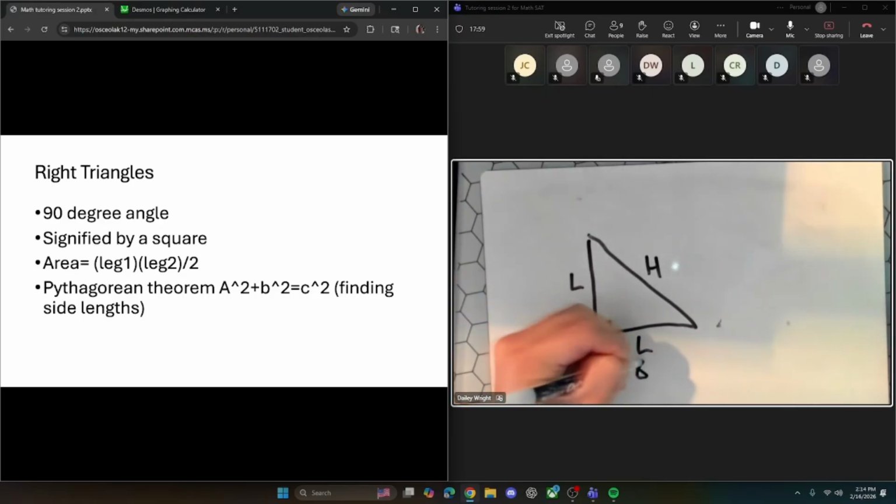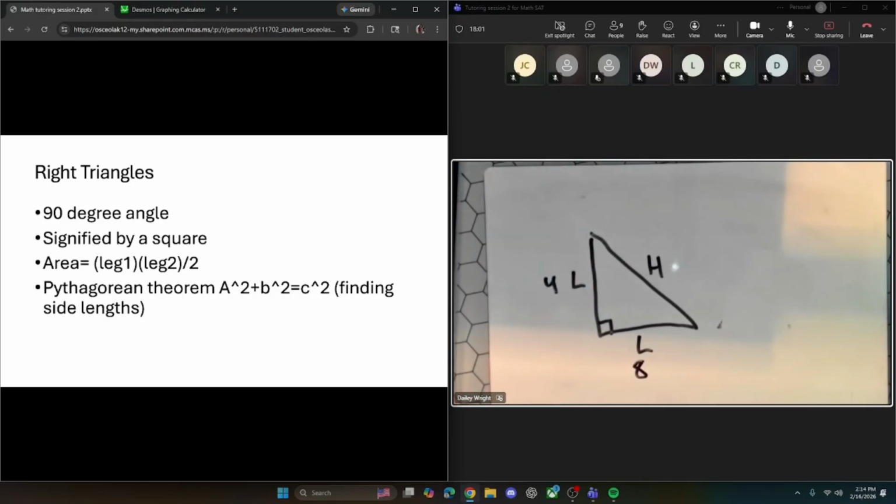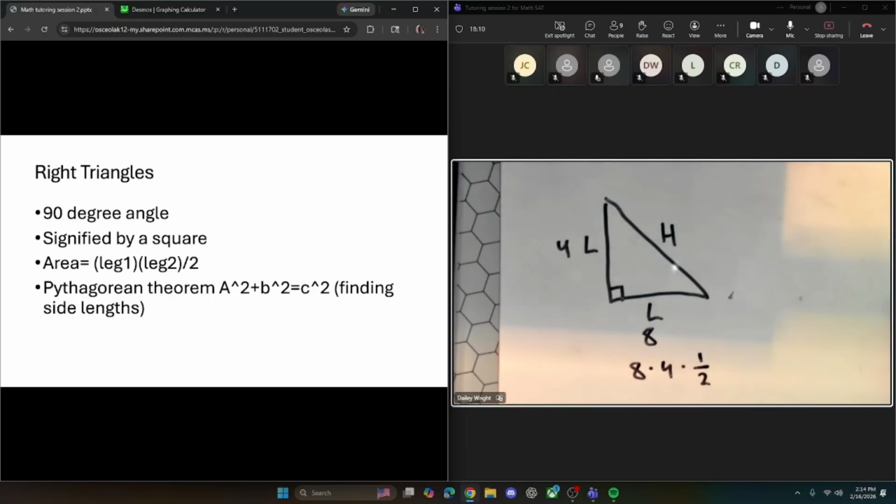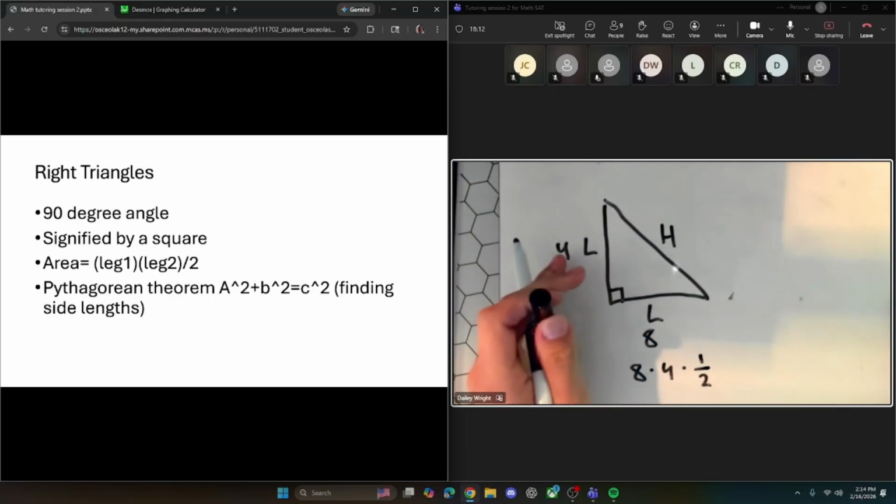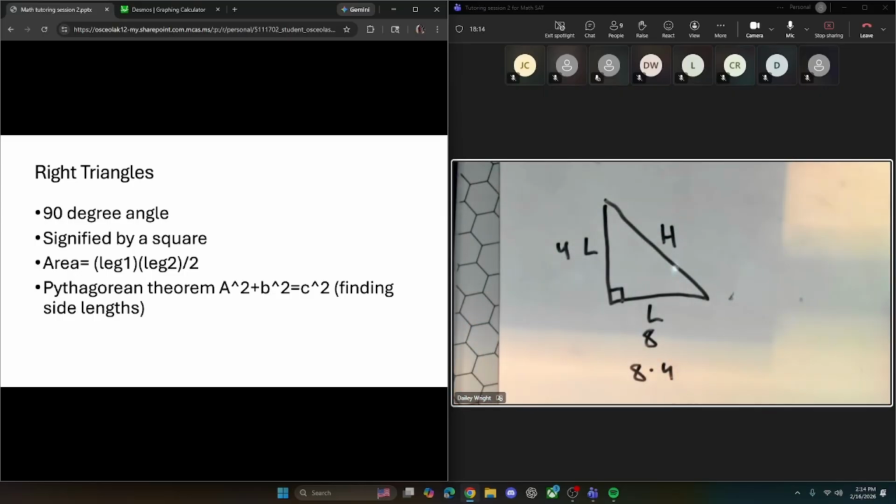So let's say this was 8 and this was 4. 8 times 4 times 1 over 2. It's leg 1 times leg 2 divided by 2. You could do 8 times 4 times 1/2, or you could do 8 times 4 over 2. Either way works.